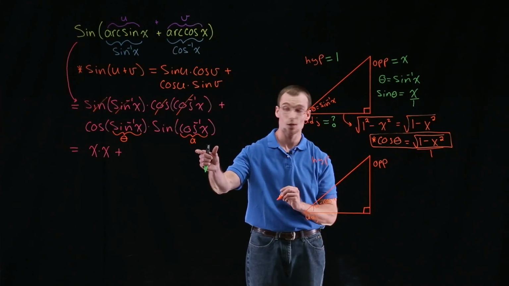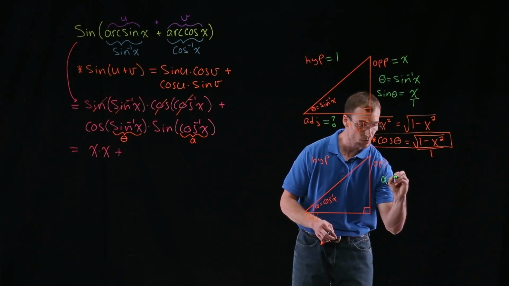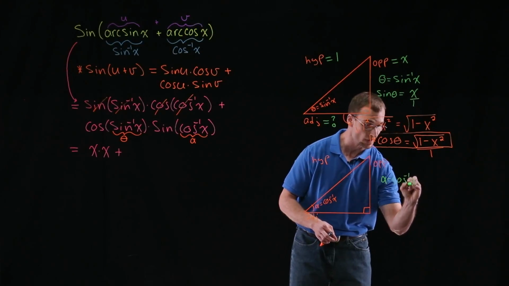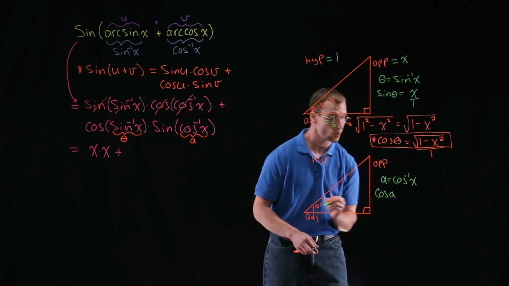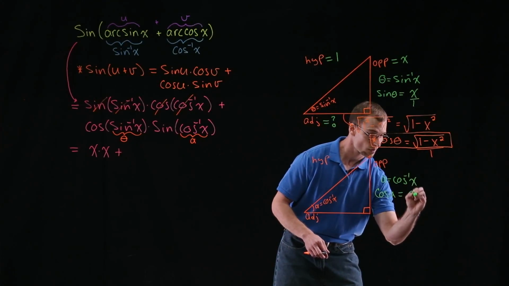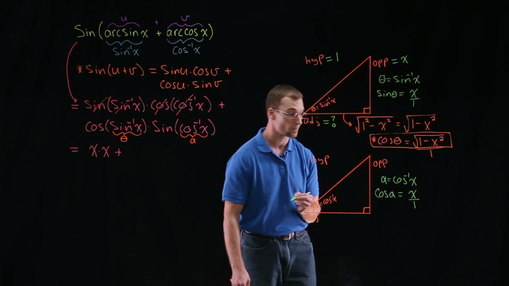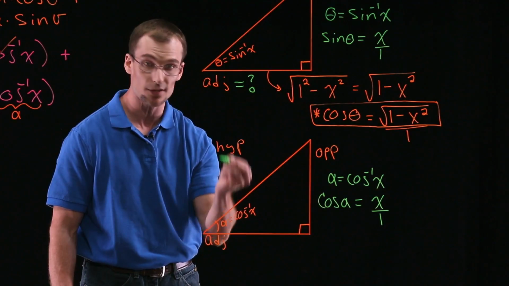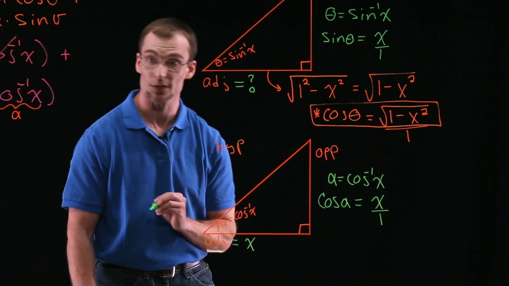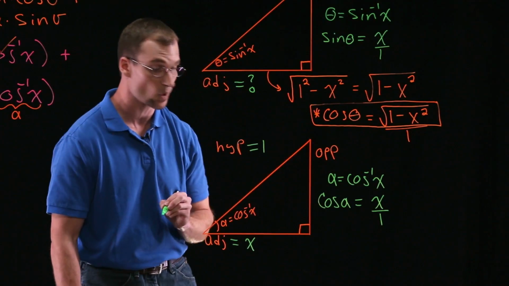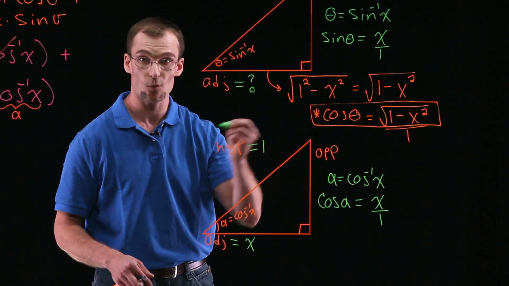So starting the same way we did up here, we know that alpha is equal to cosine inverse of x. That implies taking cosine of both sides, that cosine of alpha is also equal to x, namely, x over 1. And what is cosine of an angle? It's equal to adjacent over the hypotenuse. So that tells us that the adjacent side of this triangle is equal to x, and the hypotenuse is equal to 1. So what we want is sine of alpha, and sine is opposite over hypotenuse.